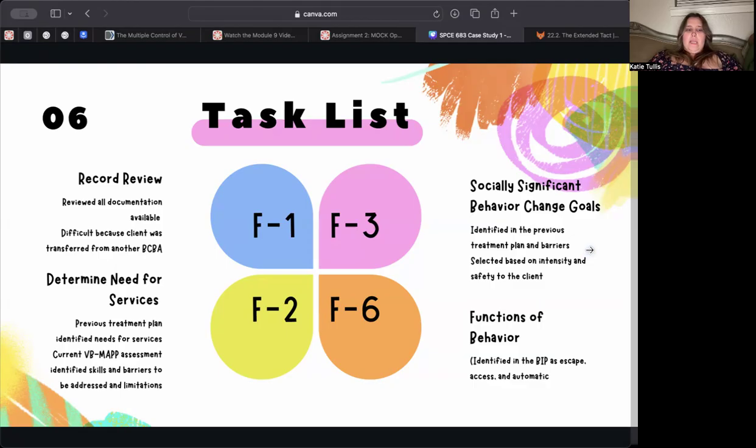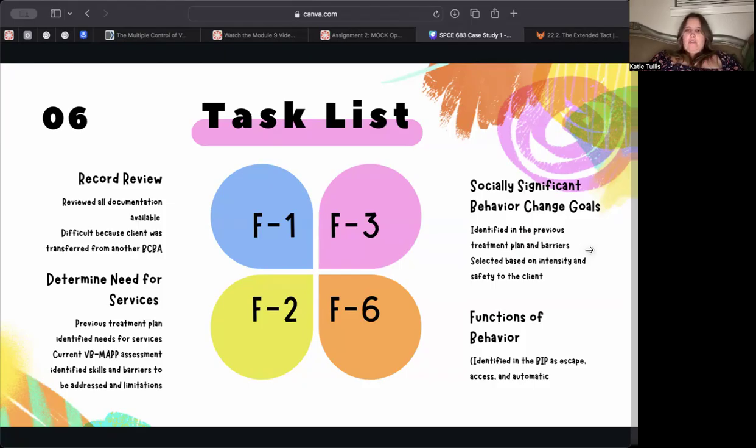The second area is determine the need for services. He clearly already has services, but where he's scoring compared to children who go up to 48 months on the VB-MAP, he's very low. These intense behaviors and low skill acquisition are definitely a need for services.